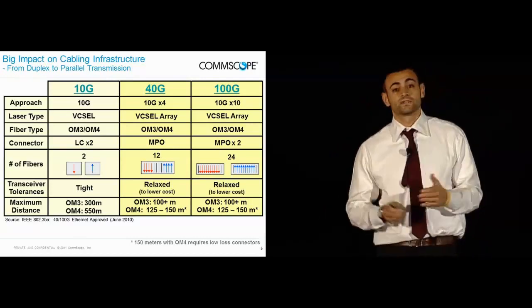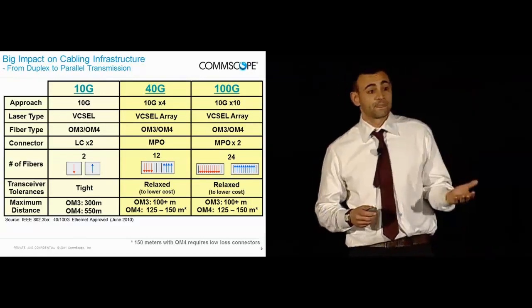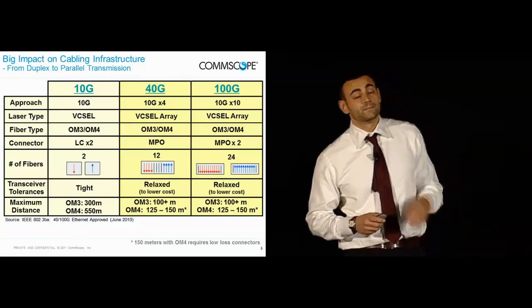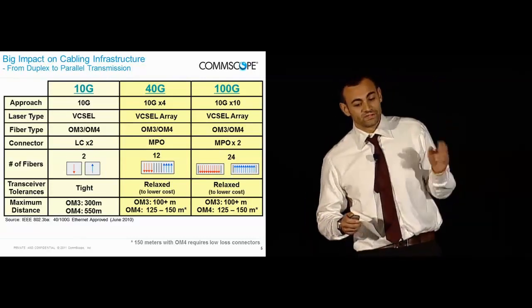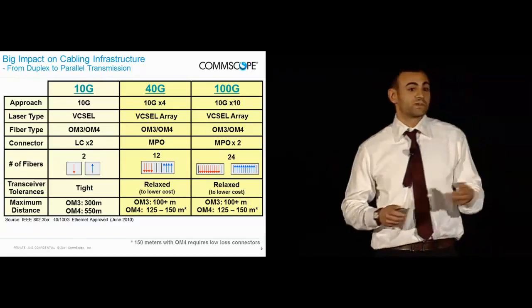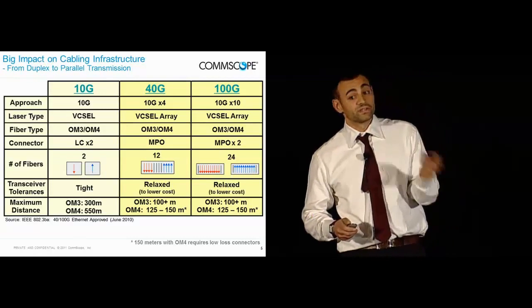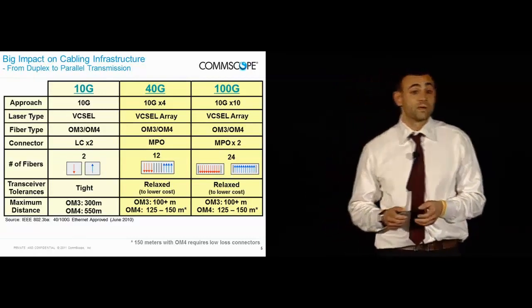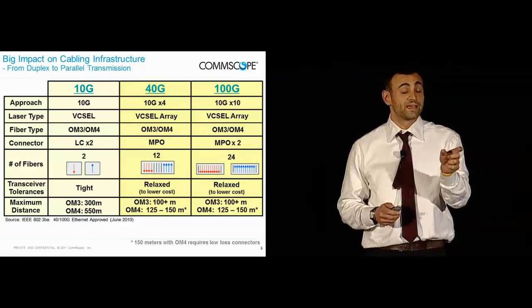And the reason I say 12/24 is because traditionally in the industry over the last 10 to 15 years, we've seen 12 fiber implementations versus 24 or 48 fiber actual cable. So the connector of choice in the industry today is called an MPO. It stands for a multi-fiber push-on connector, and it's based on a 12 fiber increment today.